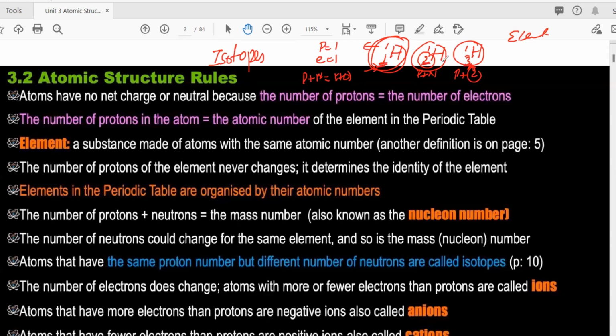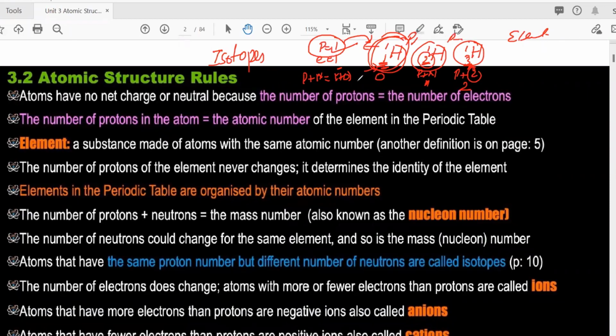Why do they have different mass numbers? Because of different numbers of neutrons. Here neutron is 0, here neutron is 1, here neutron is 2. So they are saying that in an atom the proton number remains the same even in isotopes. What is the proton number here? 1. Here? 1. Here? 1.